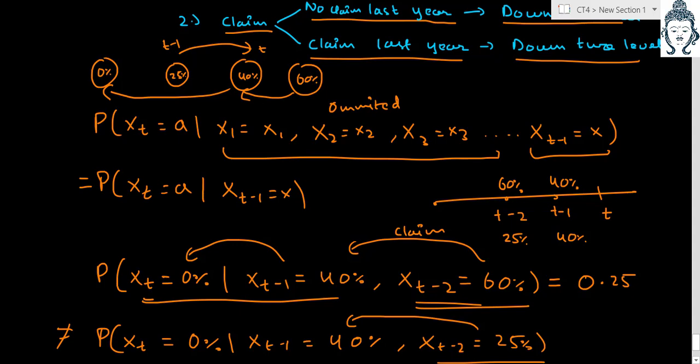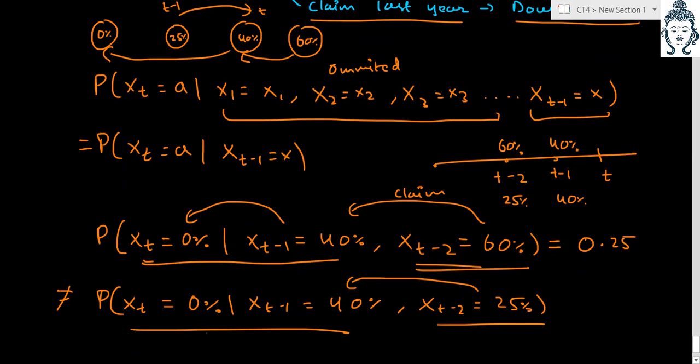Now the probability of moving to 0%, when you are already at 40% at time t minus 1: what is the probability of moving down 2 levels? Even if you have a claim, you will go to the 25% level and not the 0% level, because you will not go 2 steps down, since you did not have a claim last year. So this probability is 0.